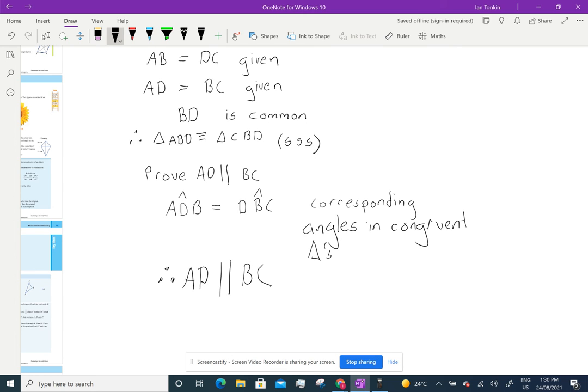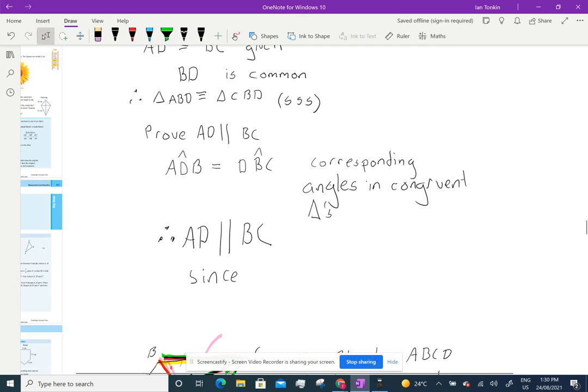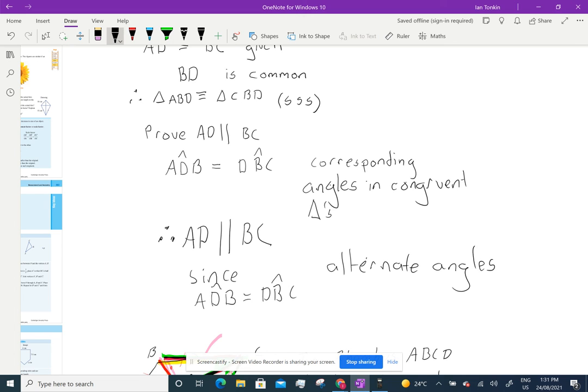Because, since angle ADB equals angle DBC, and they are alternate angles on parallel lines are equal.